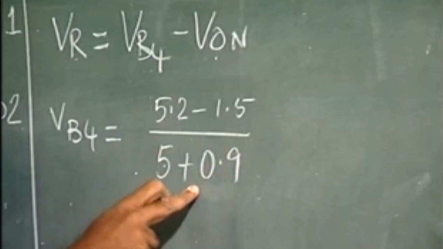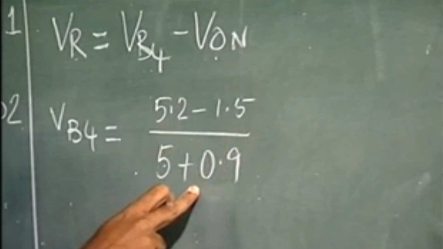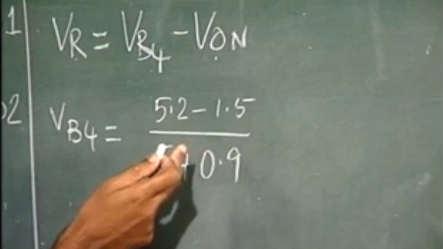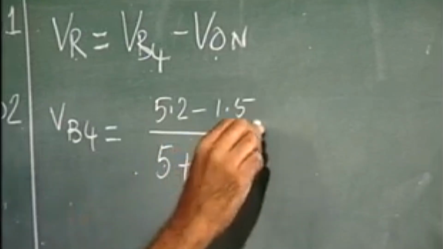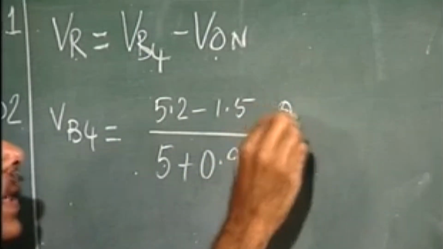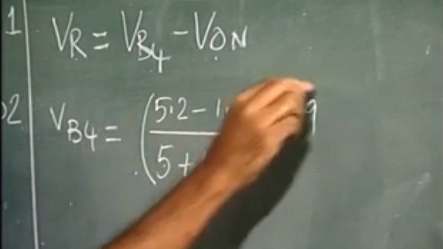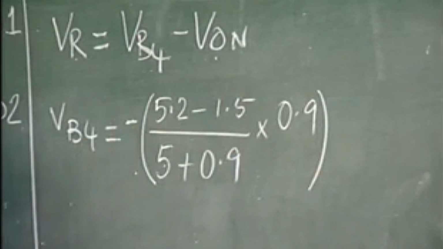This gives the current in milliamperes, and the drop across the 0.9K is going to be this. Minus of that is the voltage at VB4.